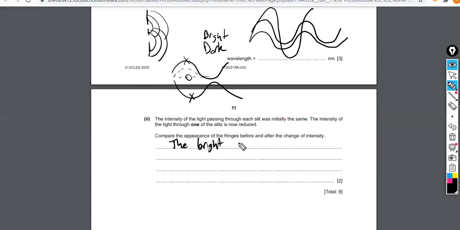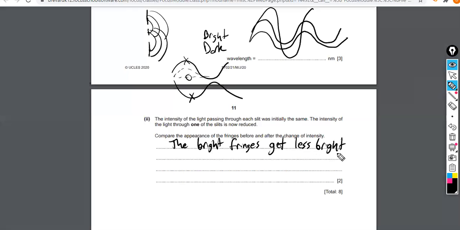Now it just says compare the appearance before and after. It doesn't say explain why, which is kind of nice. We gave the explanation up here, but they don't ask us to provide that. They're just saying, tell us what's going to happen. The bright fringes get less bright. They're going to appear a little bit darker because you're not adding them up the same way.